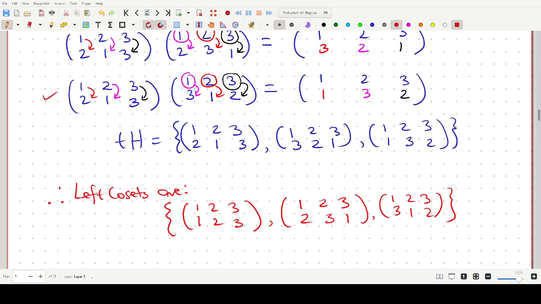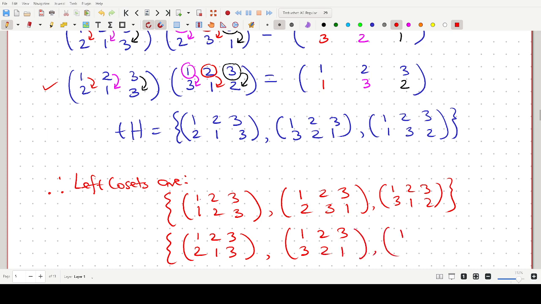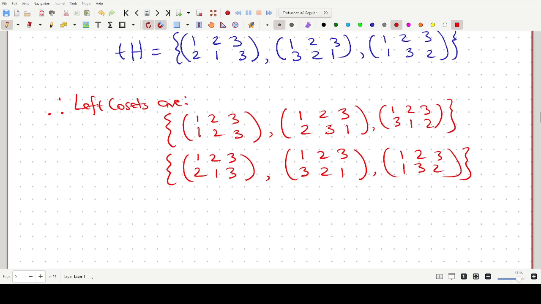And in this other coset, what we get is as follows: 1, 2, 3, 2, 1, 3; 1, 2, 3, 3, 2, 1; and 1, 2, 3, 1, 3, 2. So, my dear friends, these are the two left cosets of our subgroup in the group G.